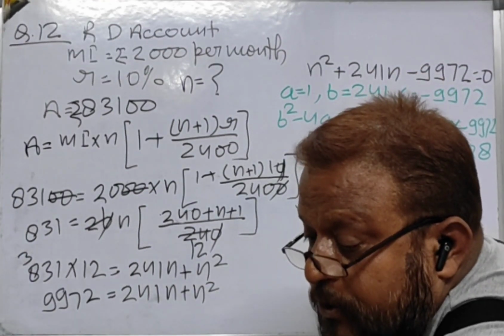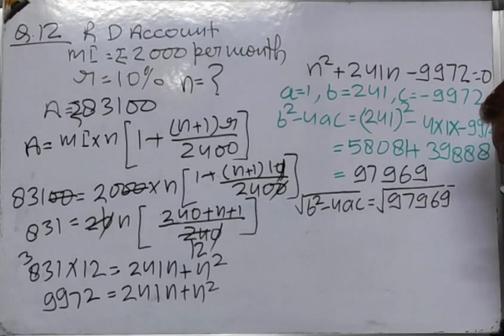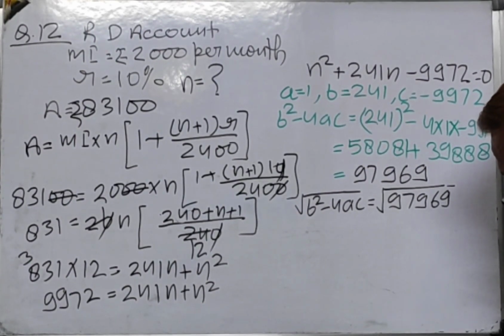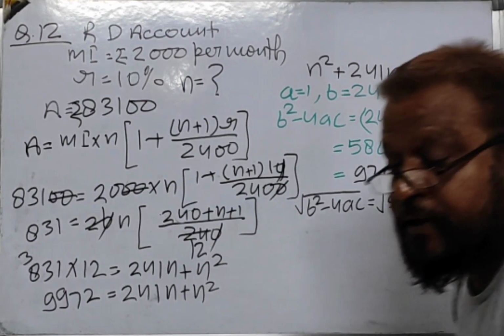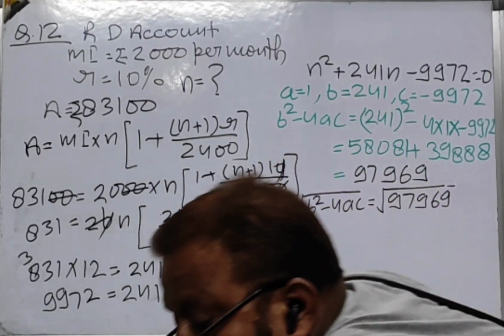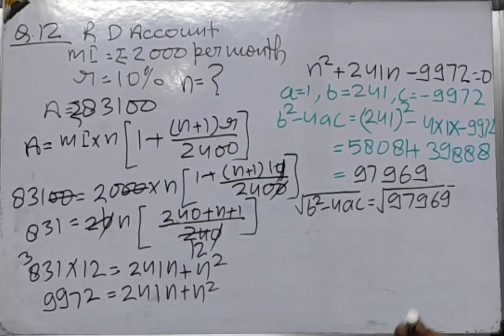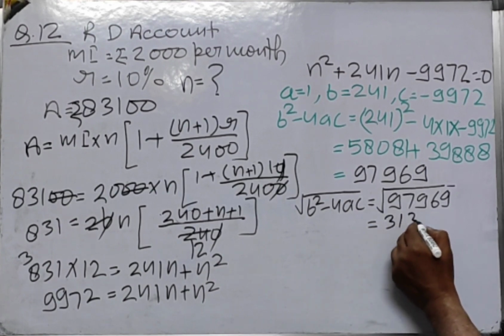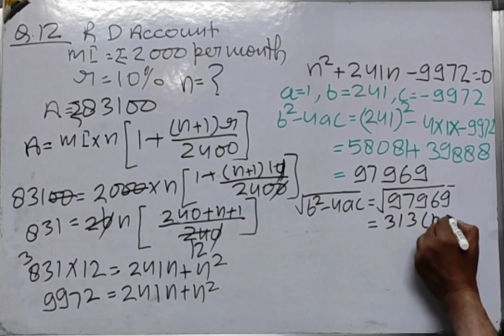So how much will it be? This is 313. It is a perfect square.